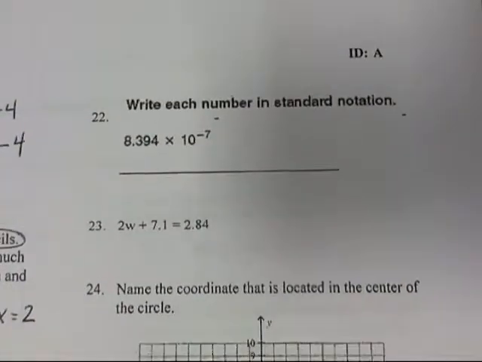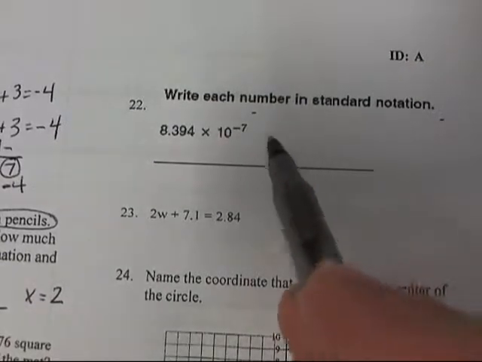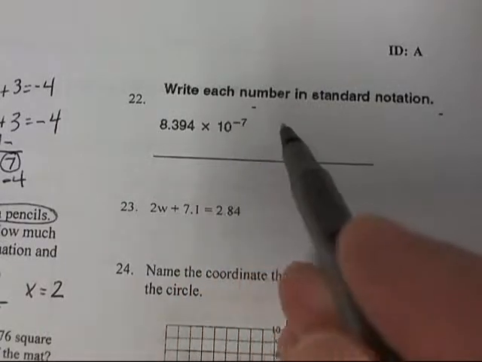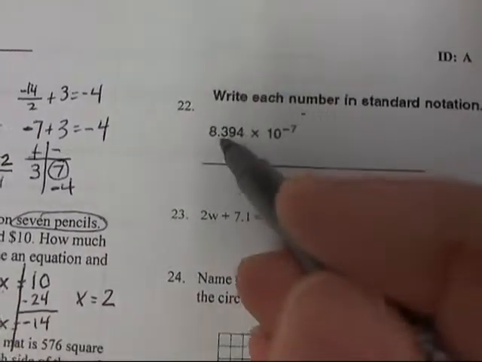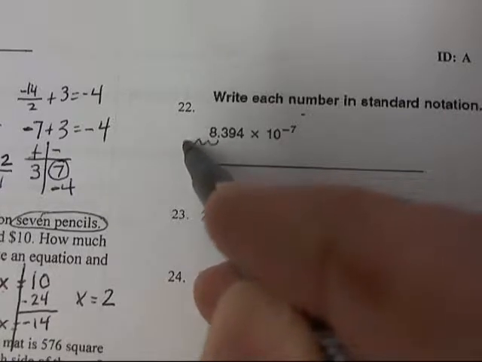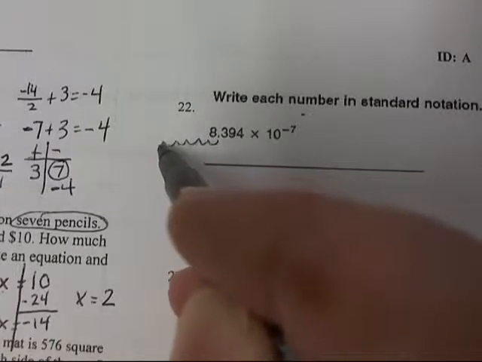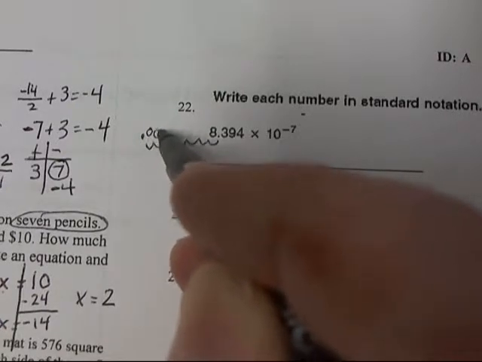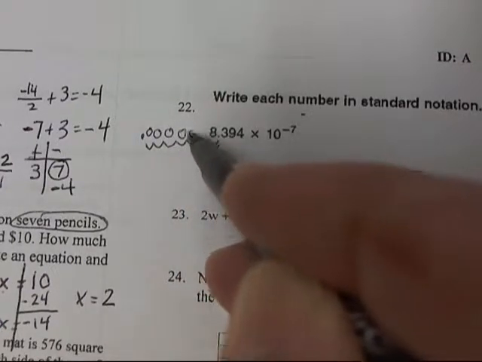Okay, 22. Let's write this in standard notation. So anytime we have a negative exponent, that means move your decimal to the left. So we're going to bunny hop 7 places. 1, 2, 3, 4, 5, 6, 7, and then add zeros at every step that we bunny hopped.